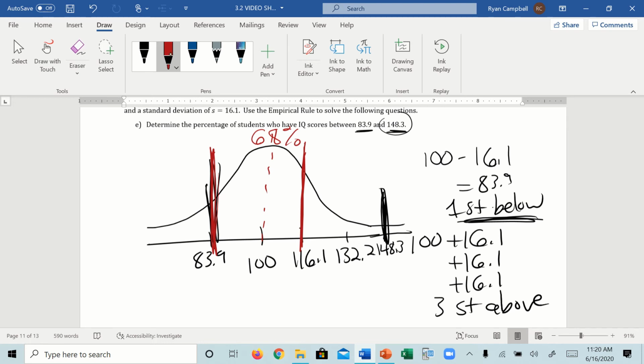So then what percentage is it going to be below and what percentage is it going to be above the mean? Well, since it's split in half, that means this is going to be 34%, and the top is going to be 34%, right? If we split it in half, we get the bottom 34 and the top 34. And what do we want? We want one standard deviation below, so this is the percentage we want.